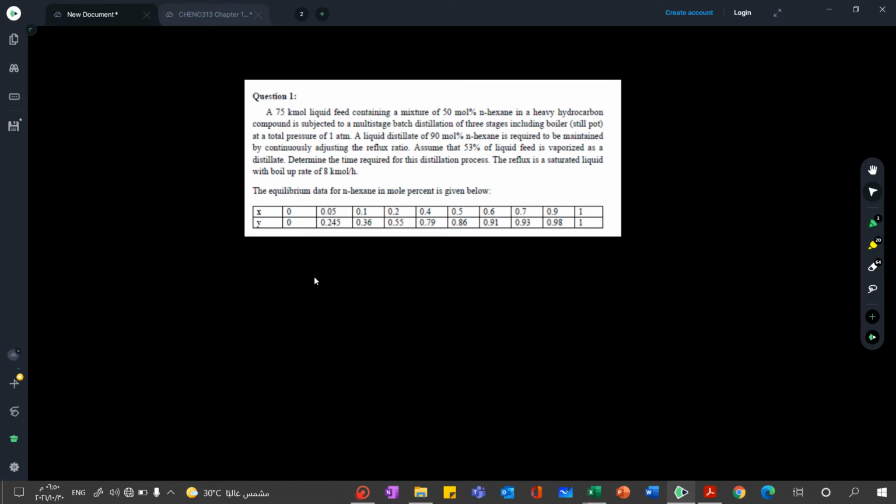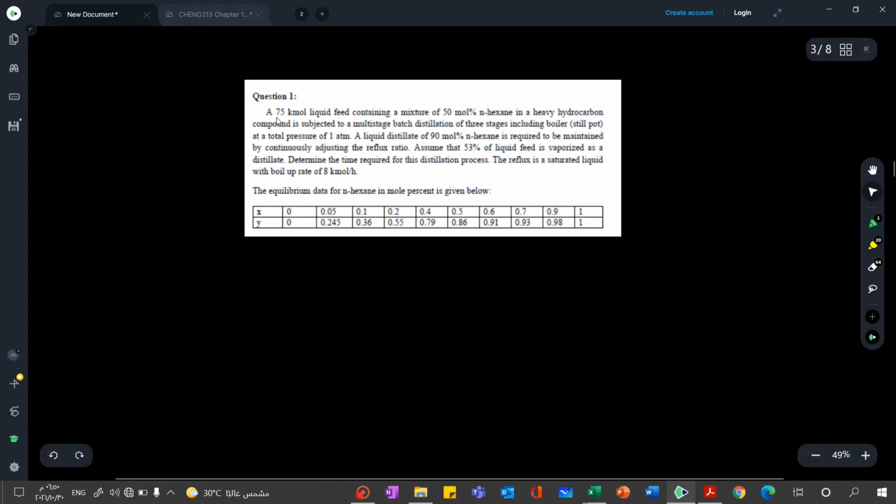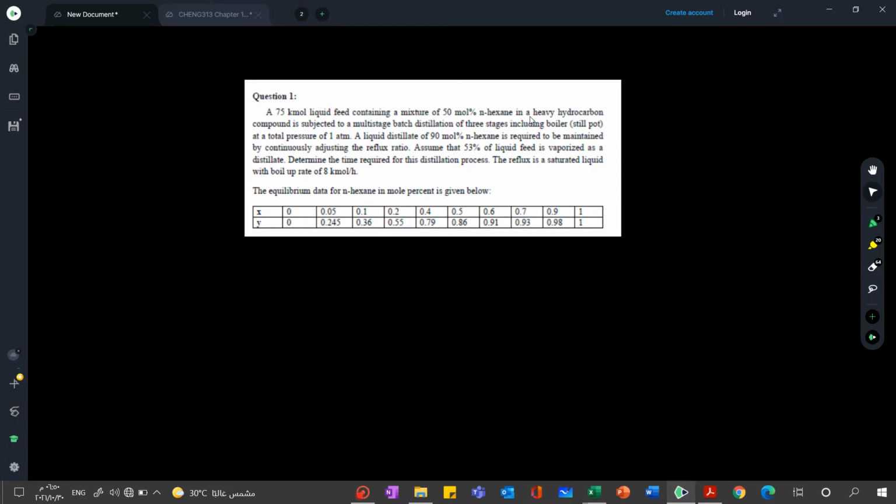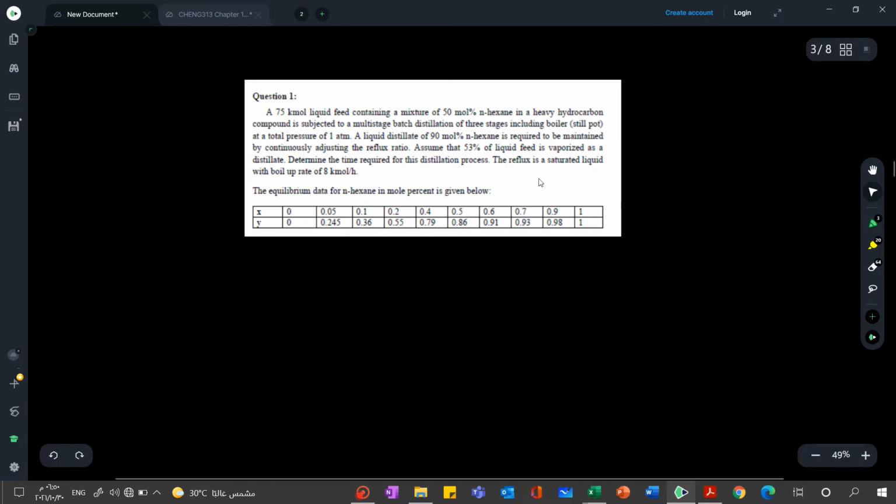So, let's read the question together. The question says that 75 kilomole of liquid feed containing a mixture of 50 mole percent normal hexane in a heavy hydrocarbon compound is subjected to a multi-stage batch distillation of 3 stages, including the boiler, which is the still pot.